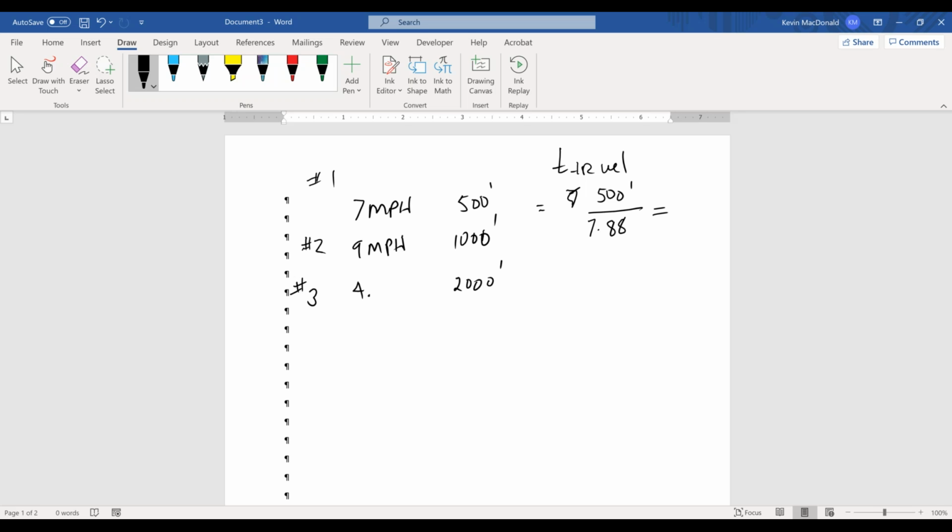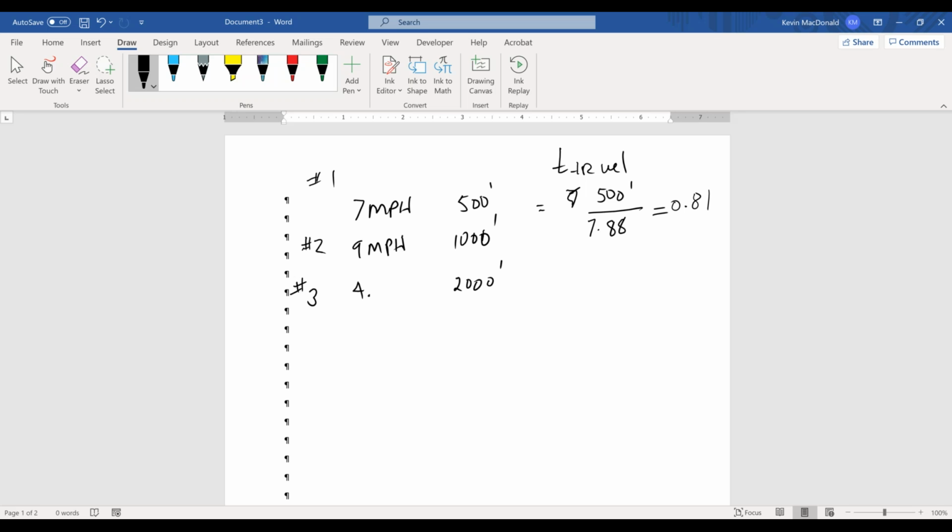And this comes out to tell us how long it's going to take to drive each particular section. So I have to do the proper calculation. 500 over 7 over 88 is 0.81 minutes.